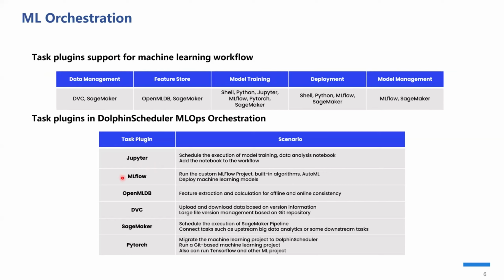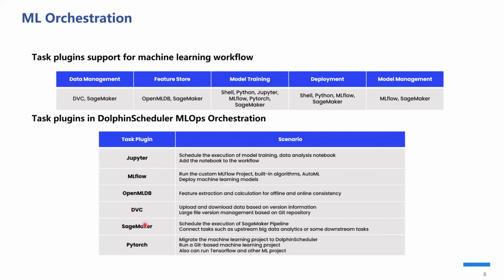You can build algorithms or models and deploy machine learning models. OpenMLDB and DVC are third-party tools you can download. You can store your data for machine learning, even the model, even the training data.